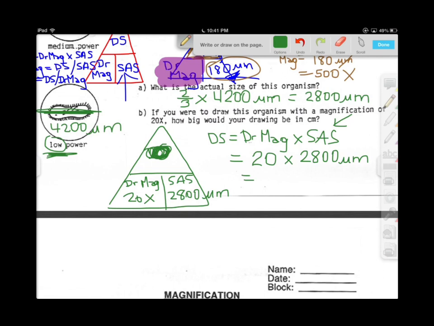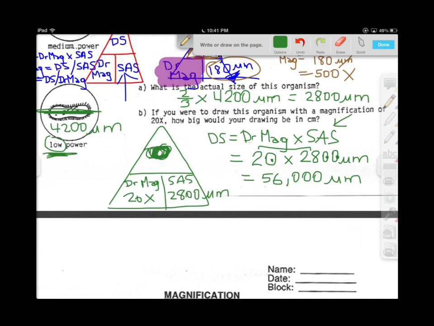All right. Now, I'm not going to reach for a calculator. 2 times 28 is 56, and there are 1, 2, 3 zeros in there. Look at that. No calculator required. In micrometers, there's 10,000 micrometers in 1 centimeter.